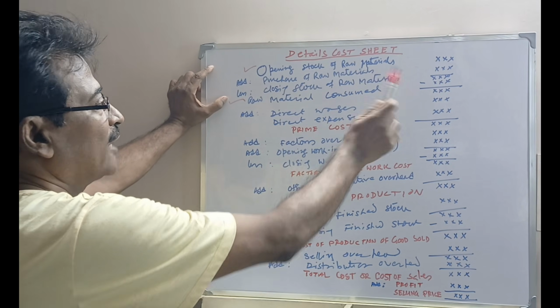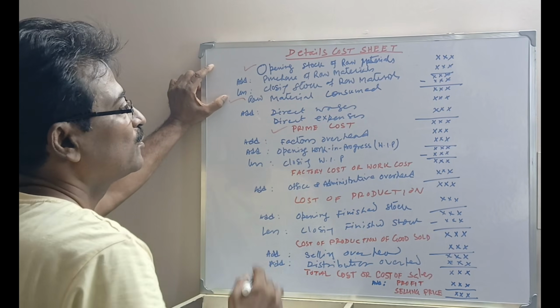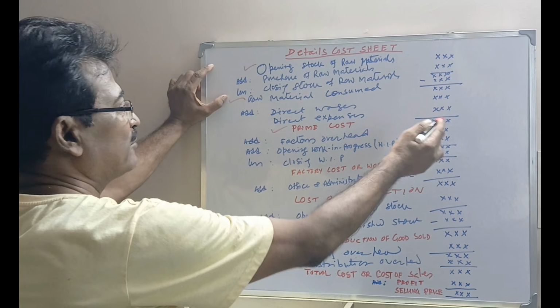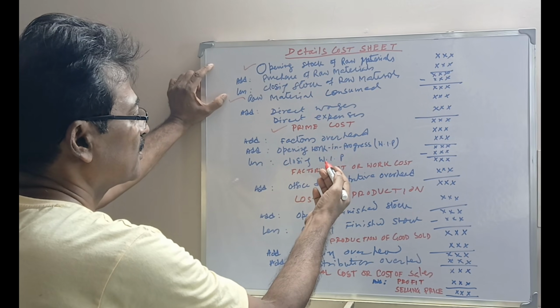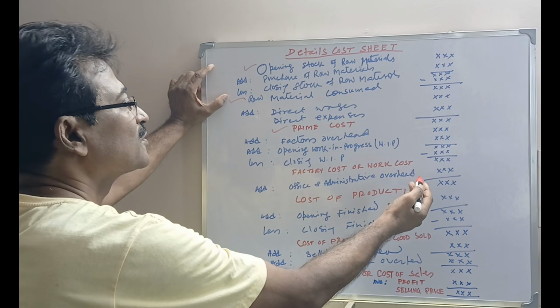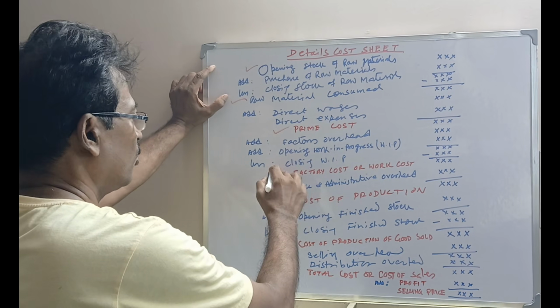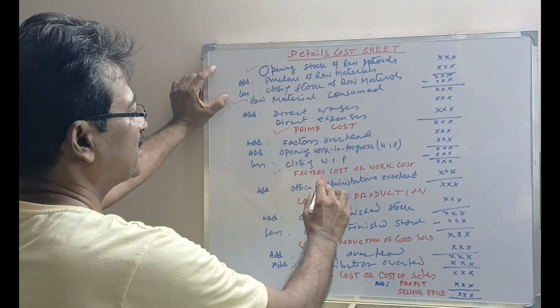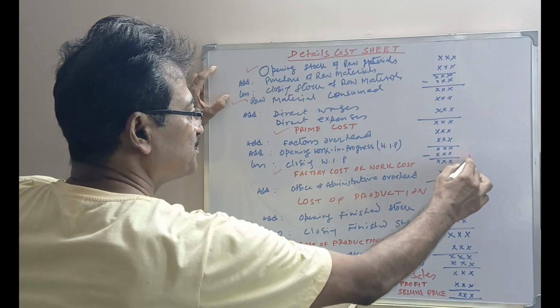Then add with this the direct wages and direct expenses, we will get the prime cost. With the prime cost add factory overhead and opening work in progress, and deduct closing work in progress, we will get factory cost or work cost.